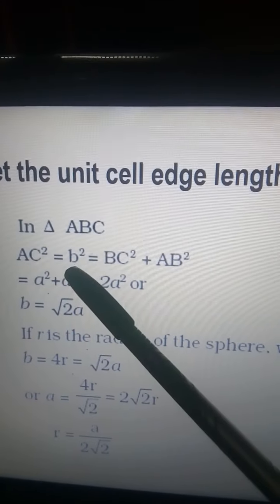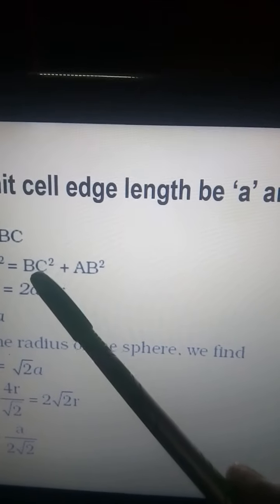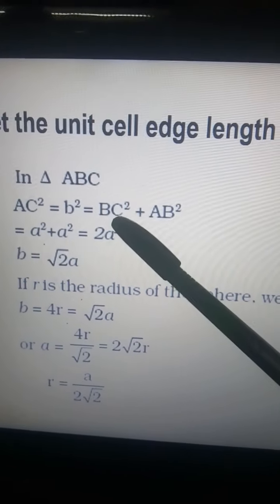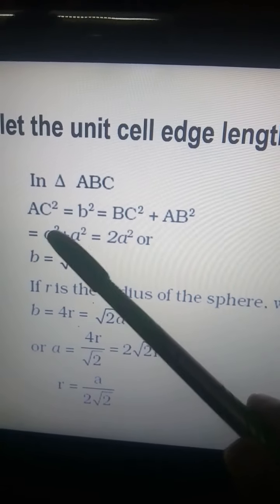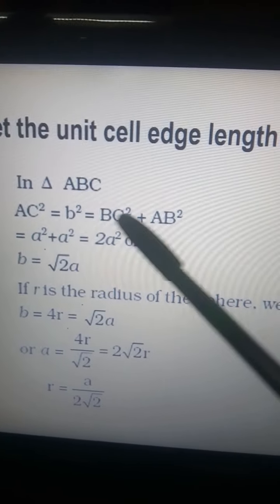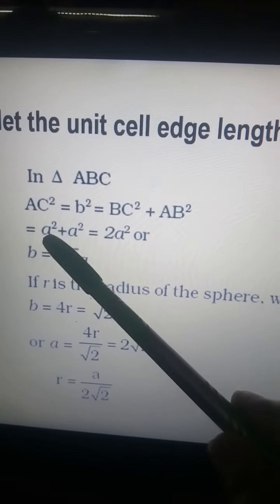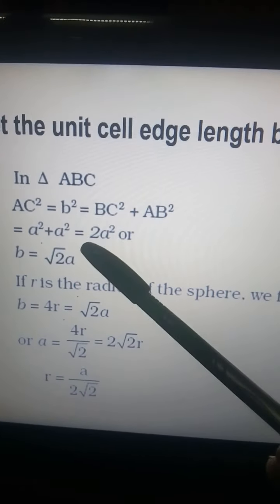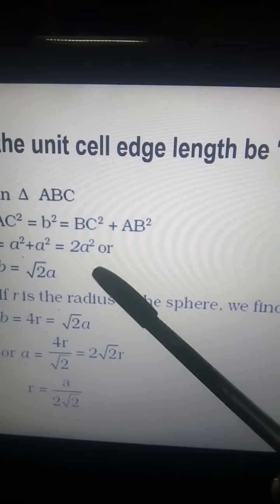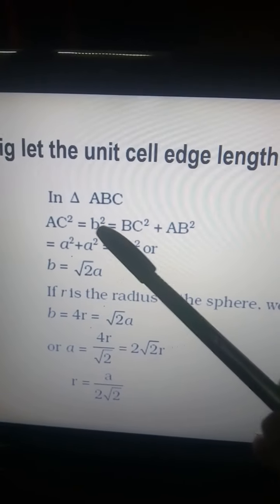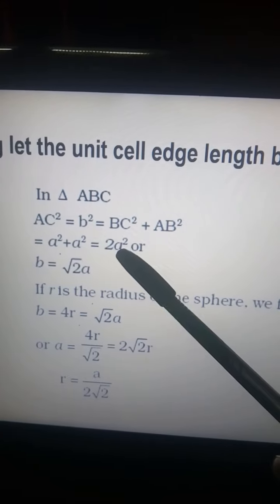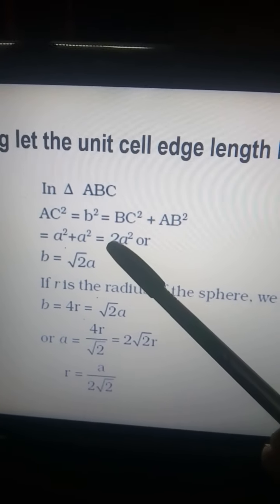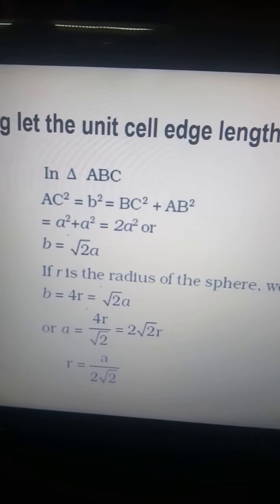So AC square, that is equal to b square, is BC square plus AB square. Each side length is equal to a, so BC square means a square, AB square means a square, that is a square plus a square. So b square is equal to twice a square, or b will be equal to root 2 a.